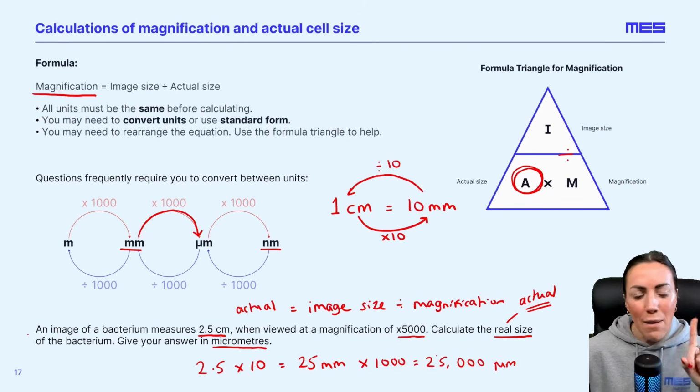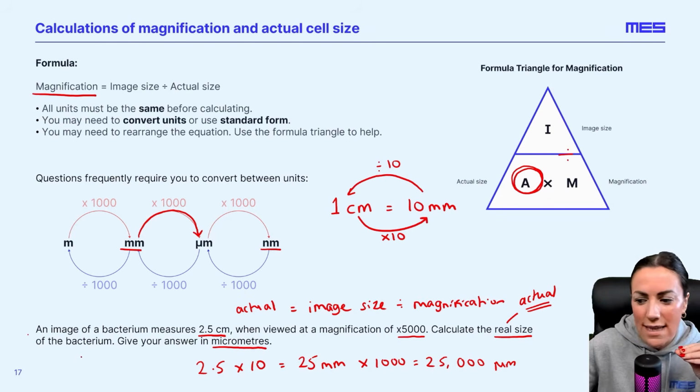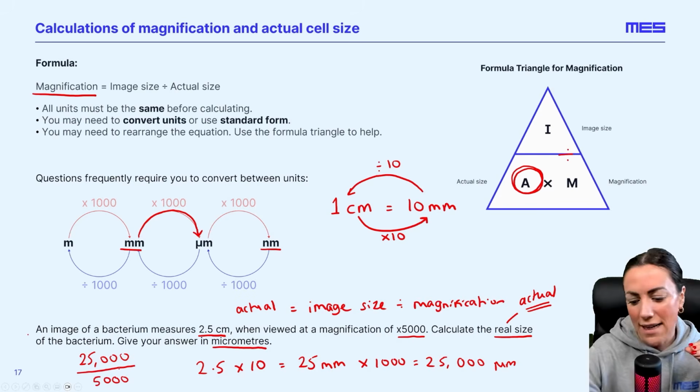Okay, so now I've converted the image size into micrometers. They want my answer in micrometers, so I'm done with my conversions now. Do it first so you don't forget to do it at the end. So now I've got my image size in micrometers. I can go ahead and do image size divided by the magnification.